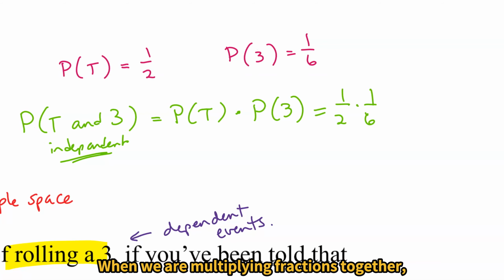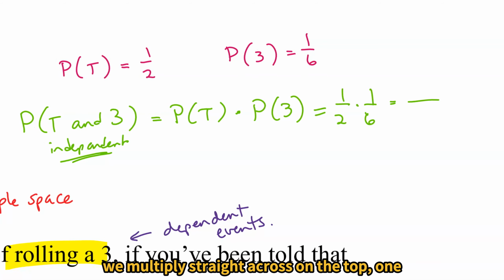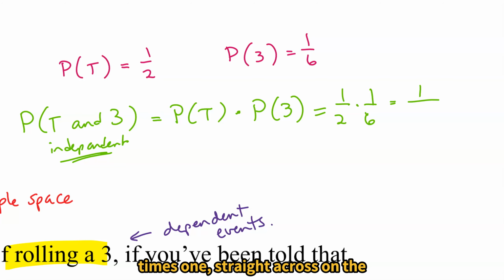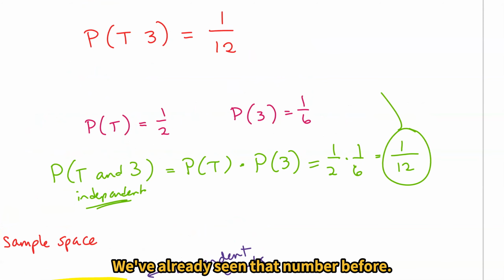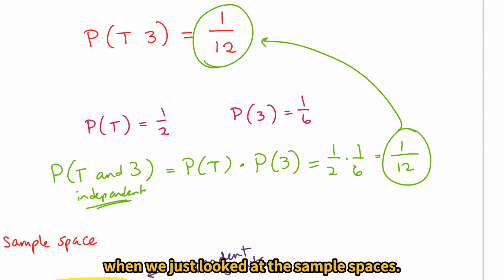When we're multiplying fractions together, we multiply straight across on the top, 1 times 1, straight across on the bottom, 2 times 6 is 12. Hey, wait a minute. We've already seen that number before. That was what we got when we just looked at the sample spaces.